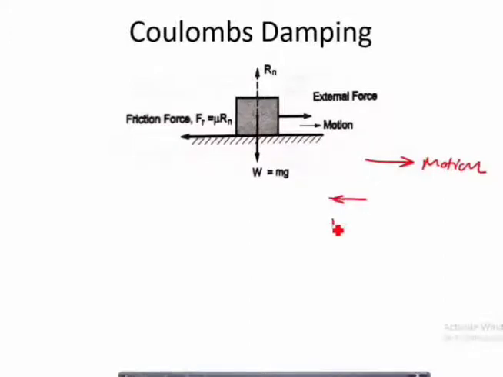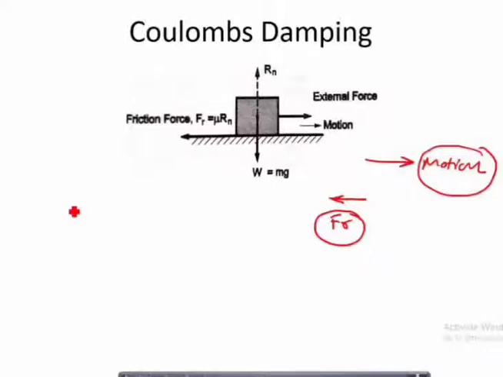So Fr is always opposite to this motion. This frictional force always opposes the motion of the body. Hence, depending upon the direction of motion of the body, the direction of the frictional force will also change.